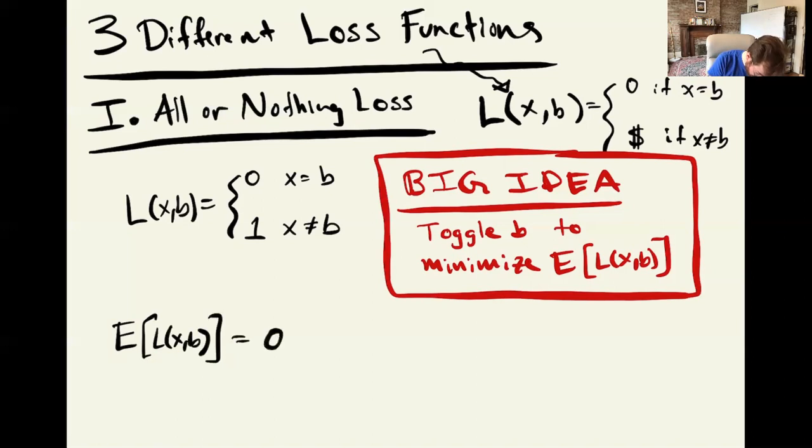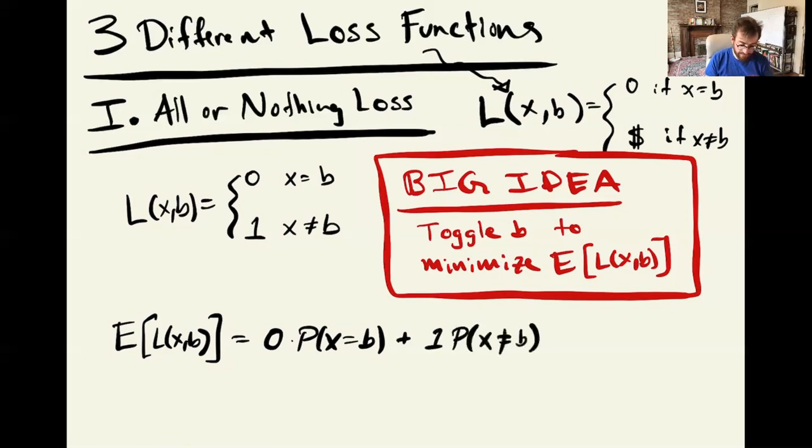Well, it's $0 under the situation that X equals B, so I have to weight that by the probability that X does equal B. And then I'm going to lose $1 under the event that X does not equal B. Now, of course, 0 is not going to affect our expectation, so this ends up turning into, well, whatever the probability of X not equaling B is, which is the same thing as 1 minus the probability that X does equal B.